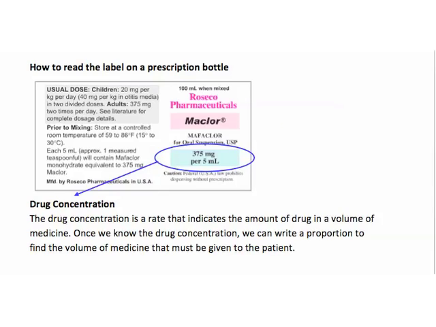So you see here on this label, here is our drug concentration, and this tells us that there are 375 milligrams of actual drug in 5 milliliters of solution. So we're going to use this drug concentration in a proportion, and then over here on the other side of our proportion we would put the amount of drug that the doctor wants to prescribe up here in the numerator of this proportion, and then we would solve for the volume of medication that must be administered.